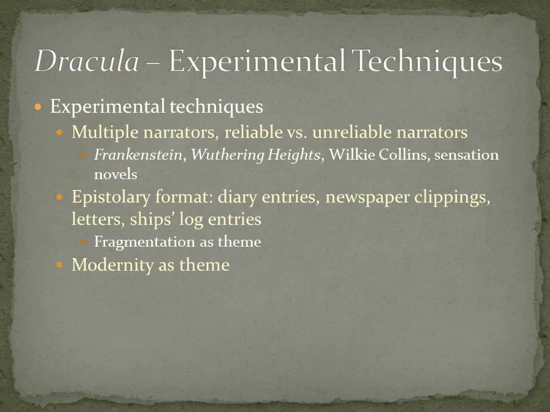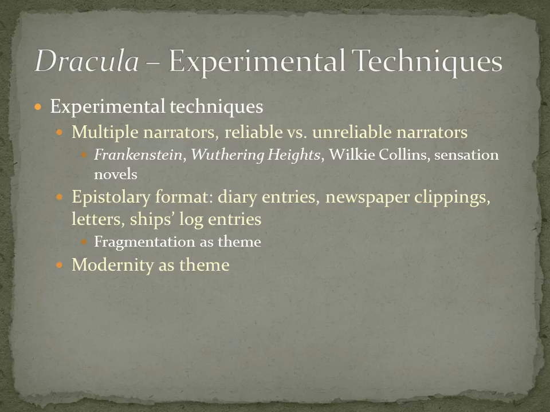Fragmentation is a very modern theme. In modernity, the modernist writers, and Stoker's almost like he's writing the Victorian period, but he's almost like an early modernist writing in 1897. They see the world as a fragmented place, and that's what's troubling to modernist writers about the modern world.